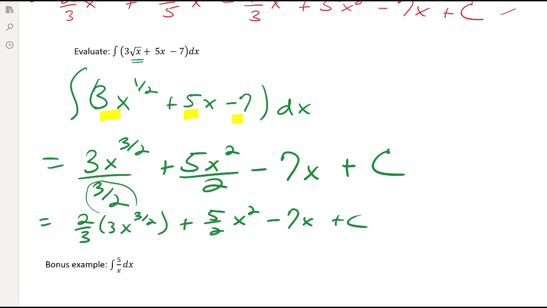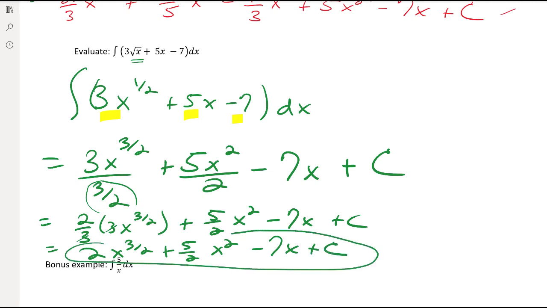And then 2/3 times 3 reduces to just 2. So we get 2x to the 3/2 plus 5/2 x squared minus 7x plus c. All right. Once again, you can check yourself by taking the derivative of this, and we should get precisely what we have inside of our integral.